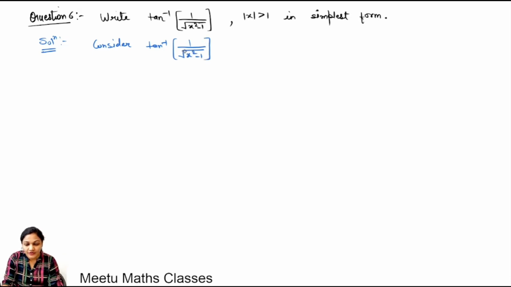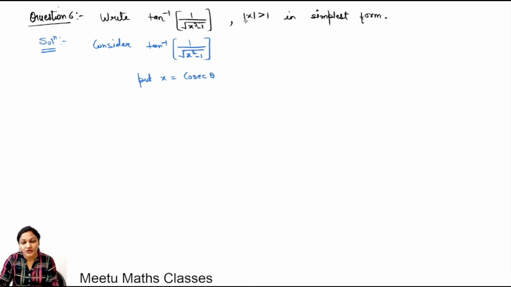Now our purpose is to convert this 1 upon square root x square minus 1 into tangent of something. So we are supposed to change square root x square minus 1 into cot of something, and for that we can substitute x is equals to cosec theta.